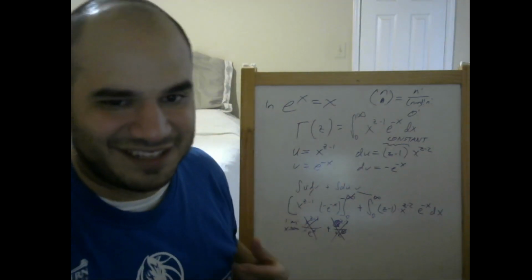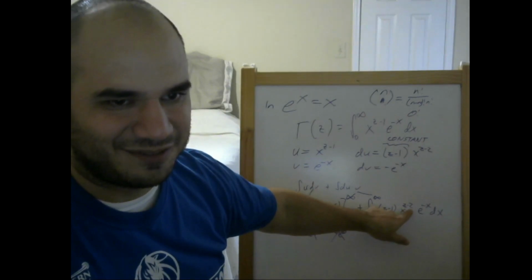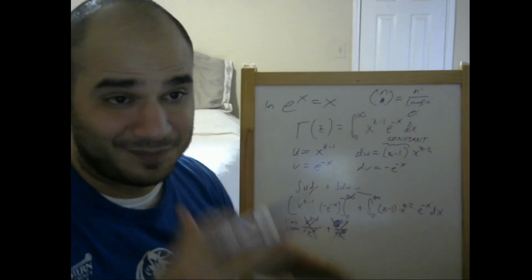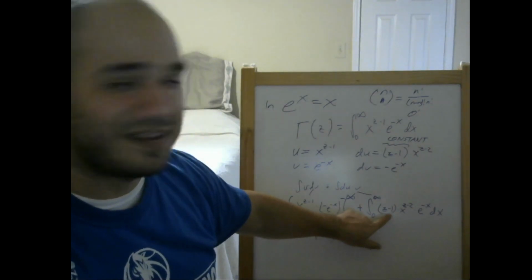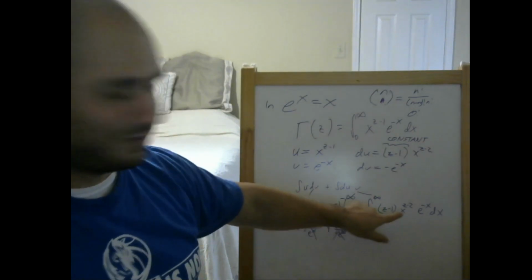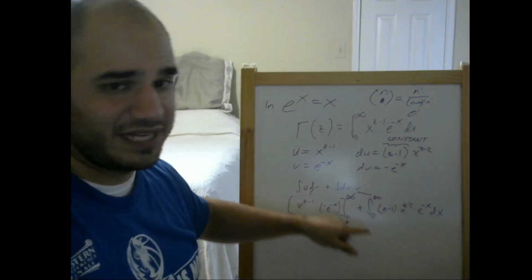But we haven't done nothing, right? We've decremented the power of the degree to which the polynomial is raised here. And we have this new constant, z minus 1, out front. So now this is a constant with respect to the integration, so we can move it out.